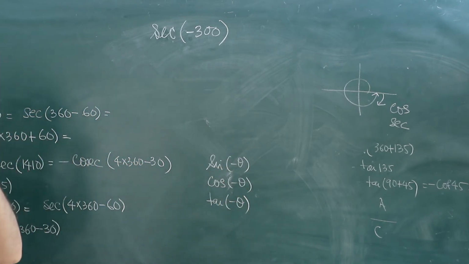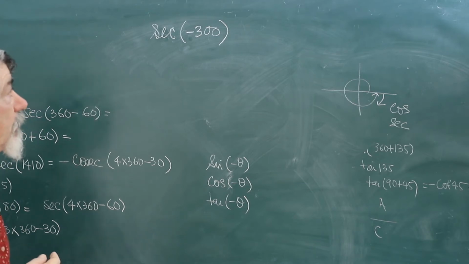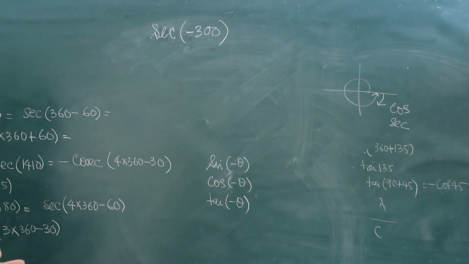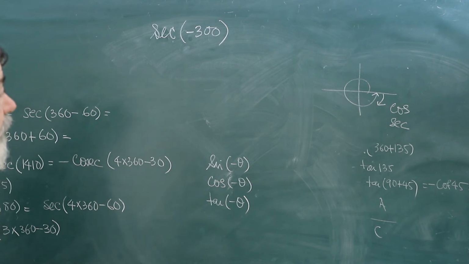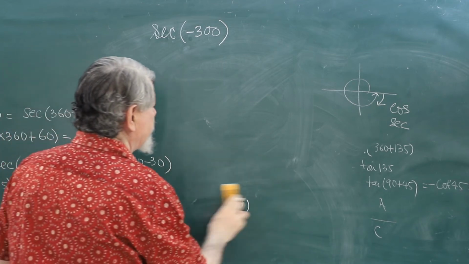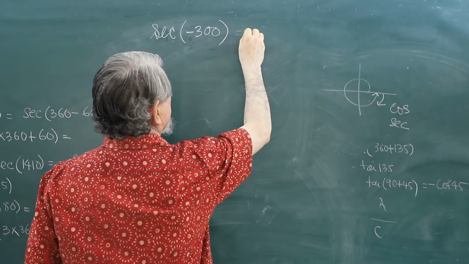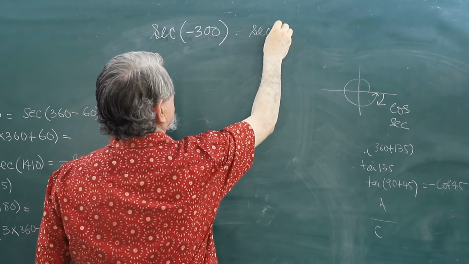They follow the fourth quadrant property. Now in the fourth quadrant, only cos and sec are positive. So sec minus theta will be sec theta itself. So it will become sec 300.